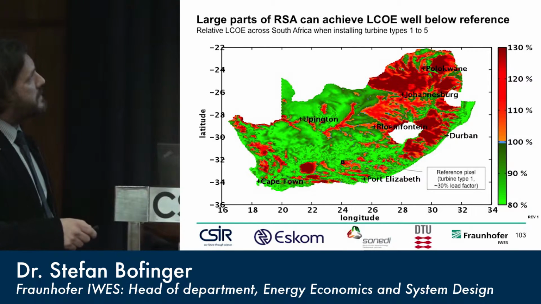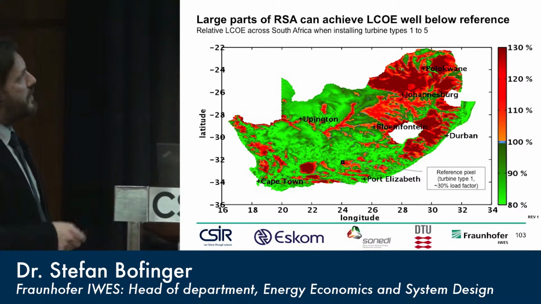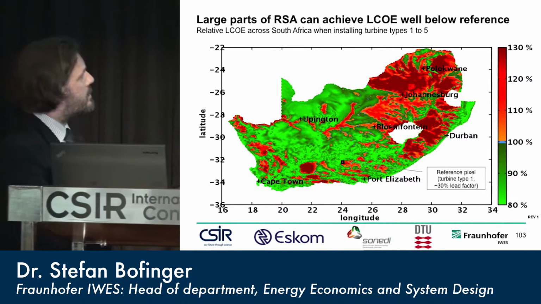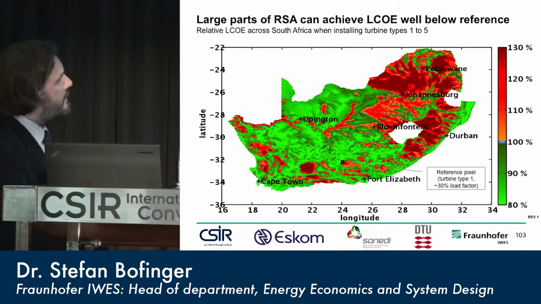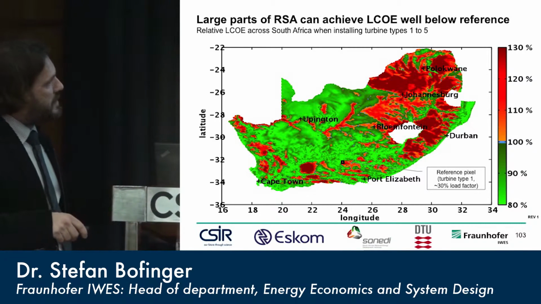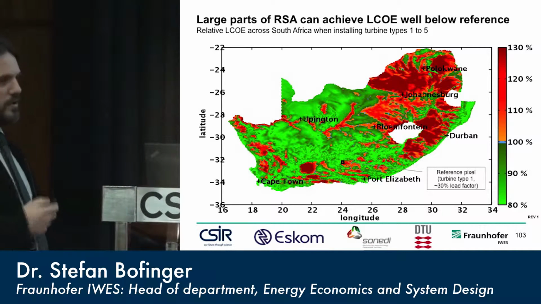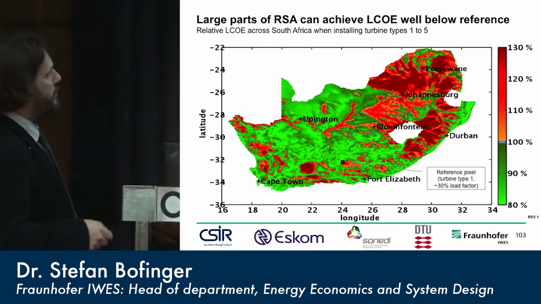Red means the cost of electricity in this pixel is about 25% higher than the reference plant, which is located there for that example. And you even have some very good wind sites where the cost of electricity is even below this reference plant.